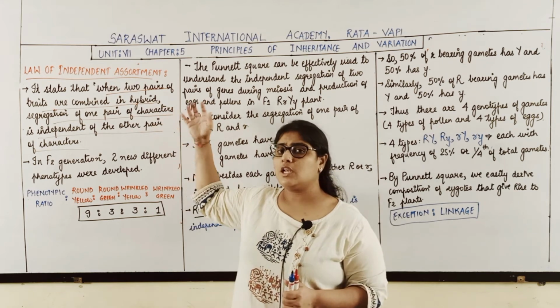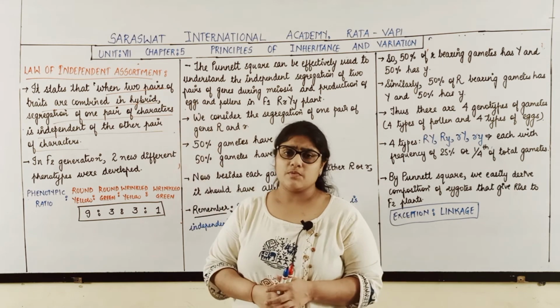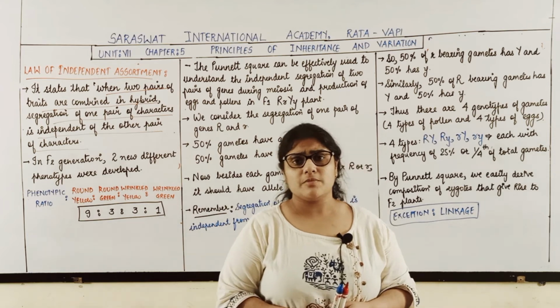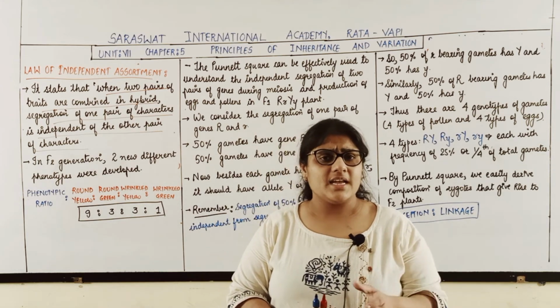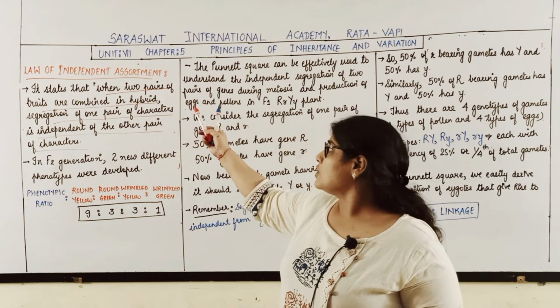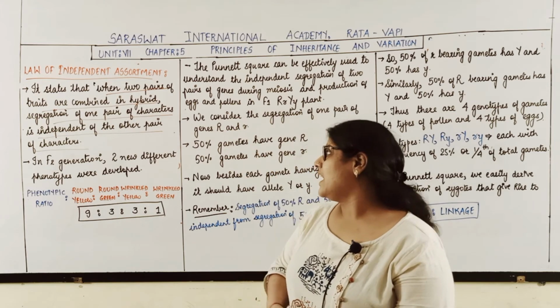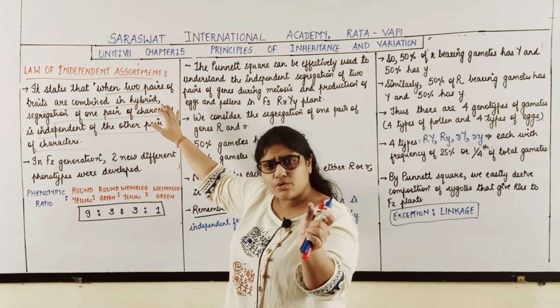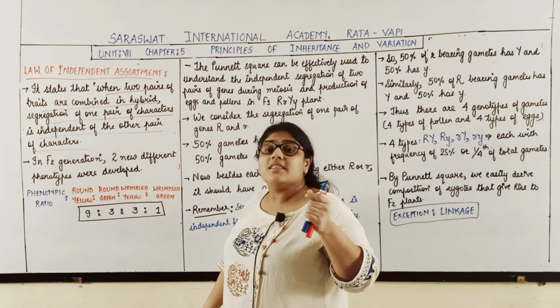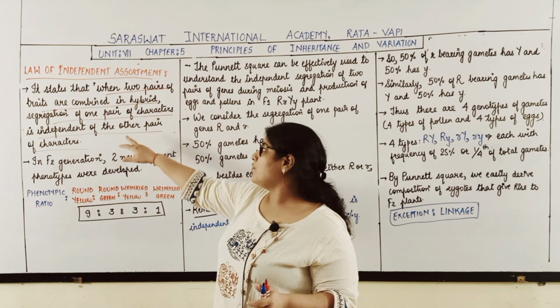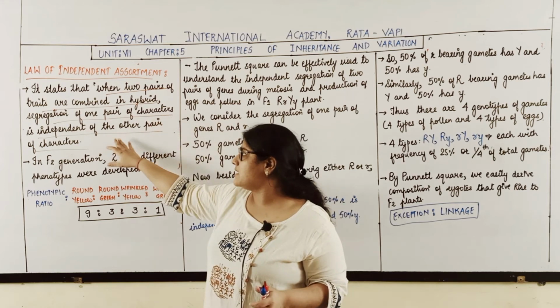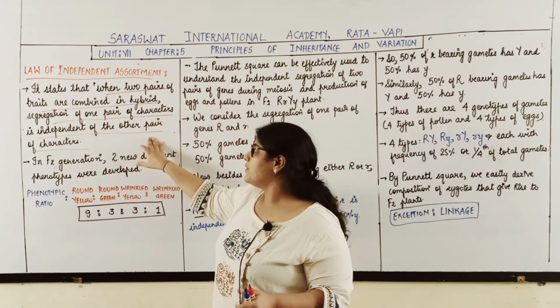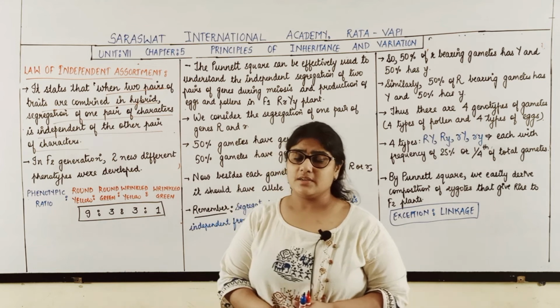I told you the law of independent assortment. What does the law of independent assortment states? It states that when two pairs of traits are combined in a hybrid. So when in a hybrid there are two pairs of characters, then segregation of one pair of character is independent of the other pair of character. Right?